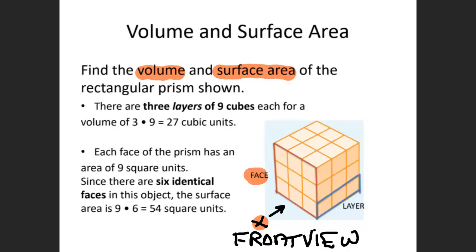So the layer, which you see highlighted in blue, is one layer. Now, the face we're looking at, where this layer is, that means if I stand over here, this face is known as the side view.